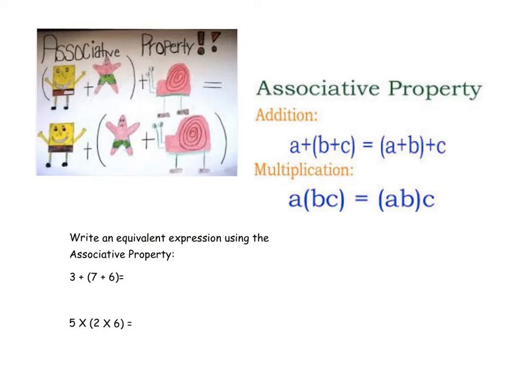All right, so we know that to write an equivalent expression, you're using the associative property, or changing how they're grouped together. And the reason you can do this is because adding 3 plus 7, that gets us to something with a 10. Anything with a 0 is easier to add to, plus 6. So we just associated, we changed how they were grouped together.